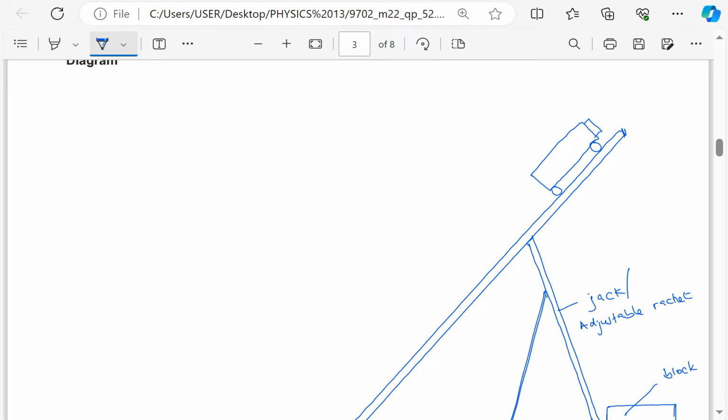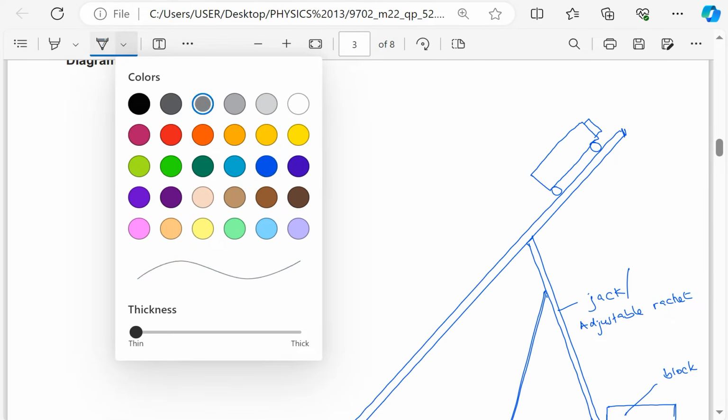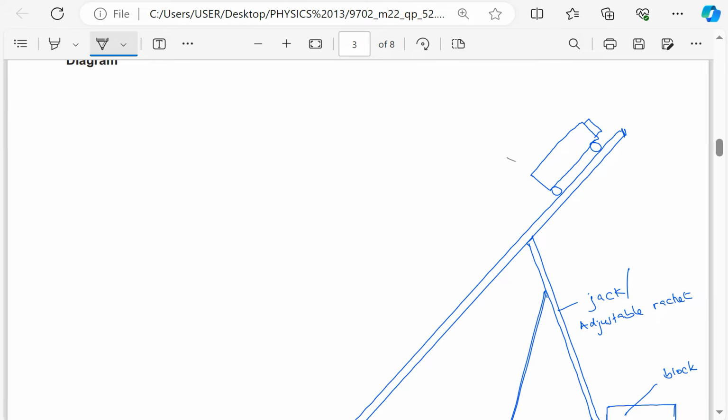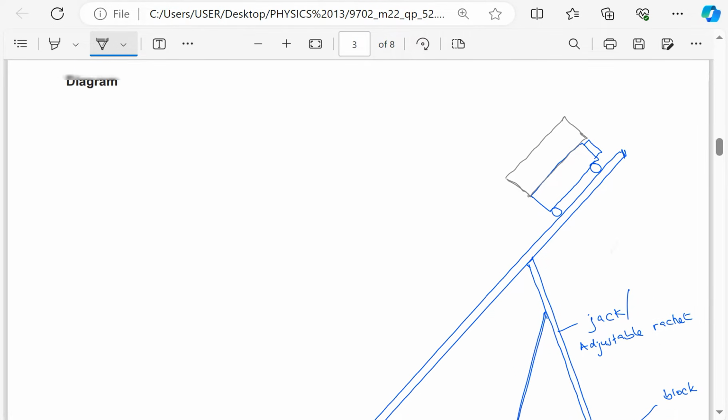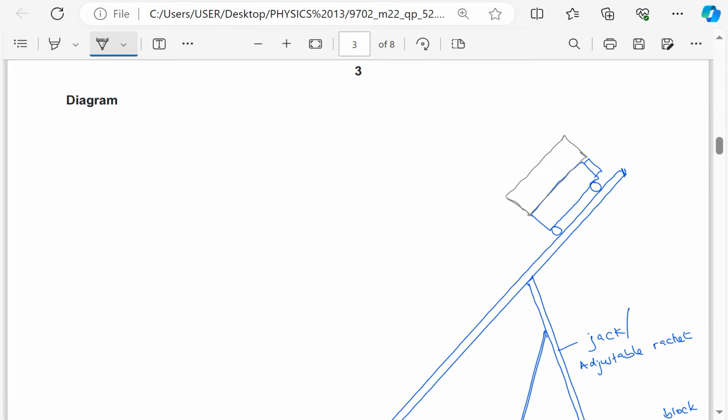So I'm going to attach a card on the trolley. The card covers all the way up to where the magnet is. So this is a card attached on the trolley, and I have a magnet here. Then I have a trolley here.